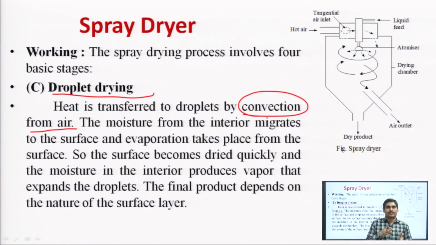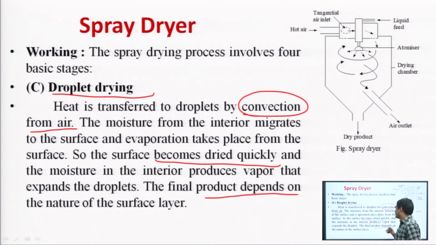So, the surface becomes dried quickly, and the moisture in the interior produces vapor that expands the droplet. So, in this way the final product depends on the nature of the surface layer.